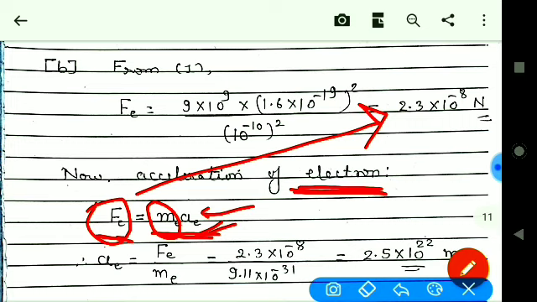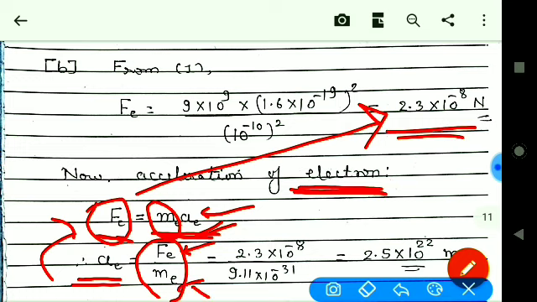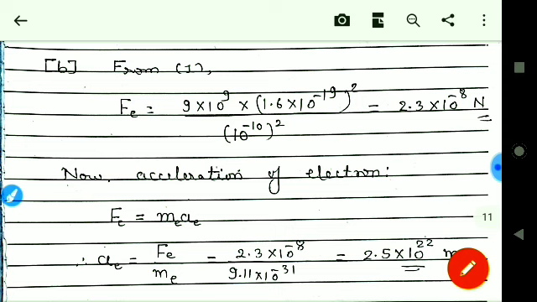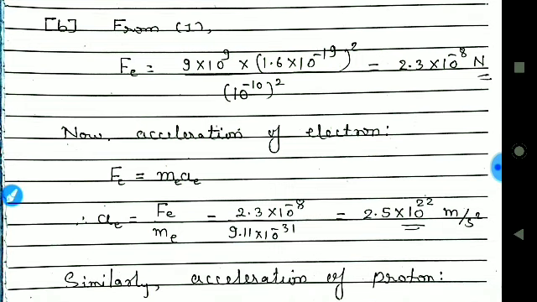So making a the subject, we get the above equation as Fe upon me. Now this Fe we have already calculated here, and mass of electron is given. So after calculation, we get the acceleration of electron as 2.5 into 10 raised to 22 meter per second square.